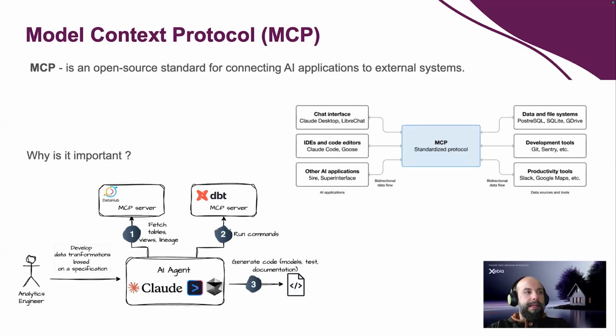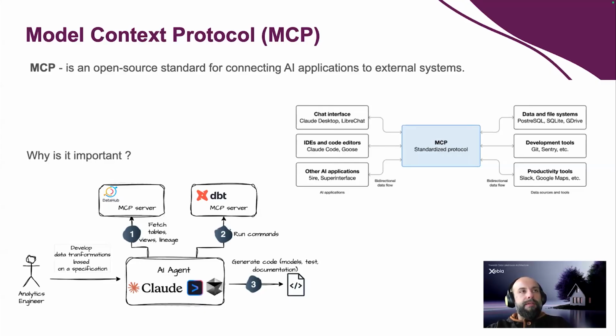You may ask a question: why is it important that a data catalog should support MCP? You can imagine that you are an analytics engineer who would like to develop a kind of data transformation, and you would like to get some support from your AI engine, like Claude, Codex, or Gemini, for example.